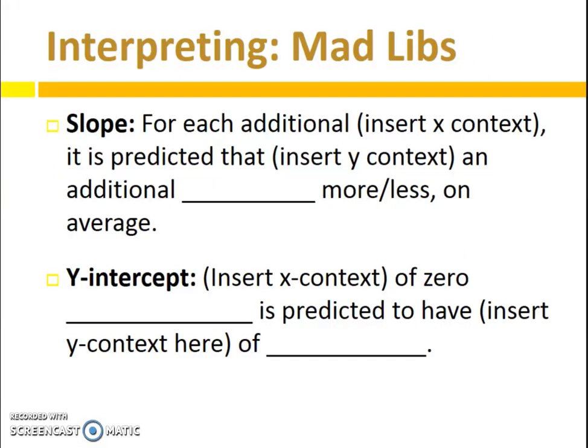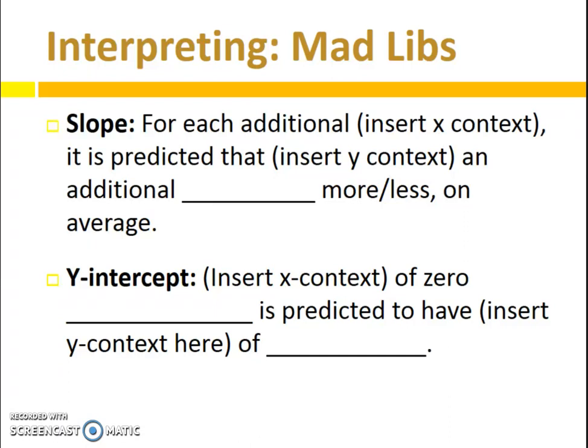So here's kind of a general sentence. Do you have to have exactly this every time? No, but it's kind of a good way to help yourself out if you're like, I don't know how to interpret, what do I do? So for every additional, whatever your x is, it's predicted that whatever your y is going to either go up or down this much on average.